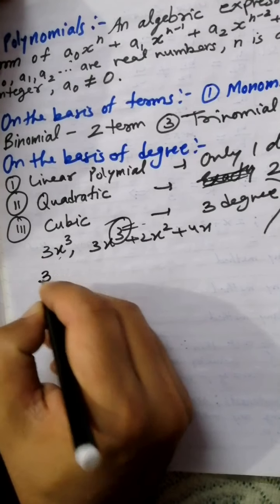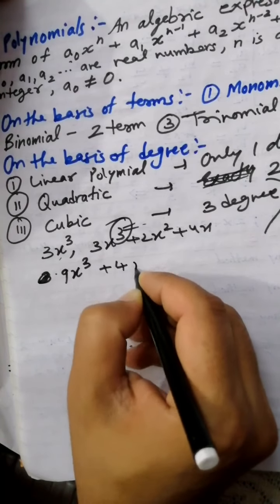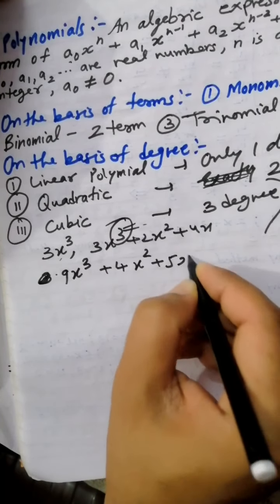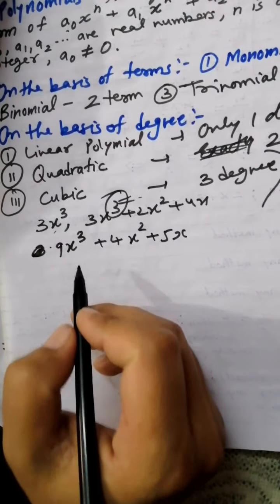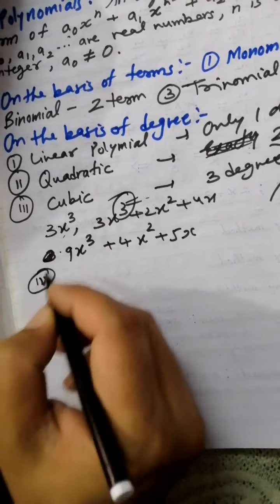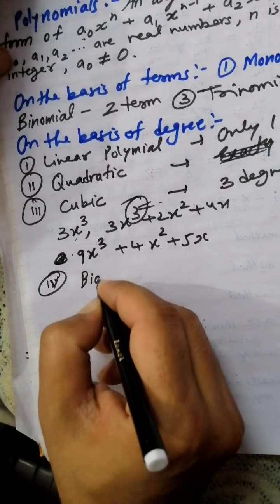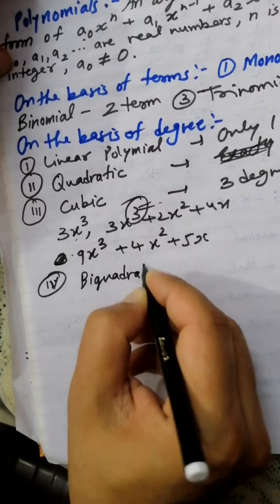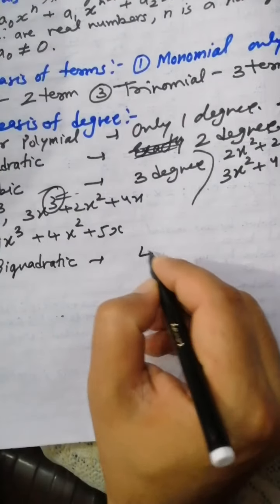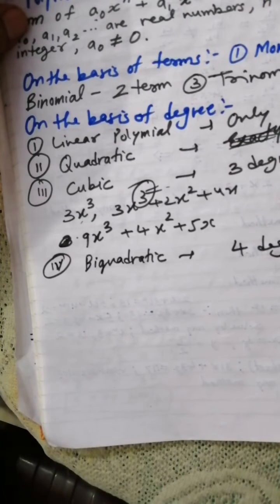Like I am writing 9x cube plus 4x square plus 5x. It is a polynomial of degree 3. Now after degree 3, it is a polynomial of degree 4. It is called biquadratic. Any polynomial which has 4 degree is called biquadratic.